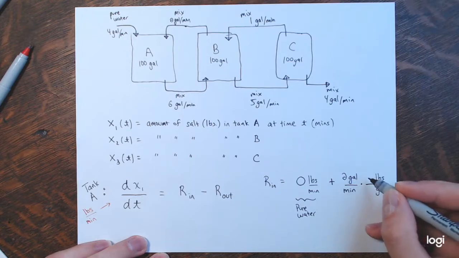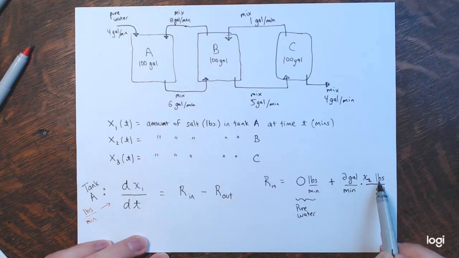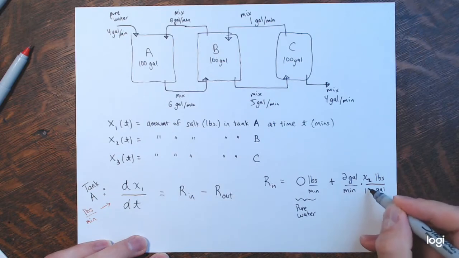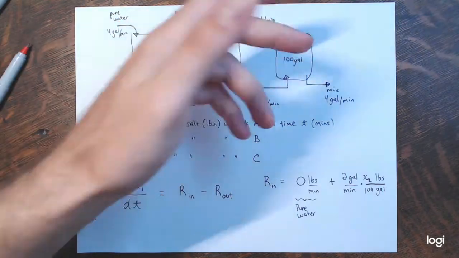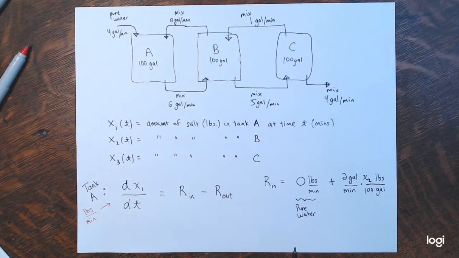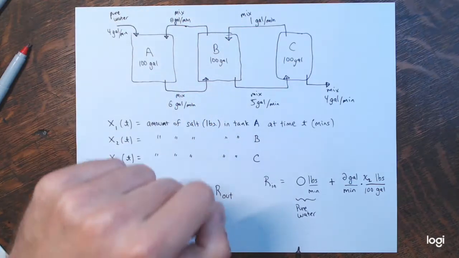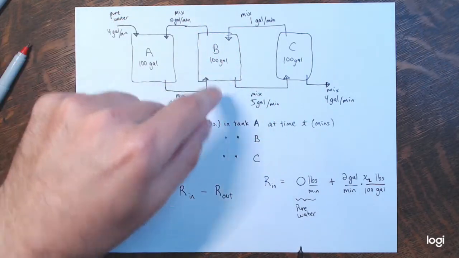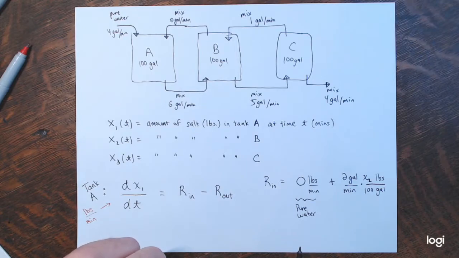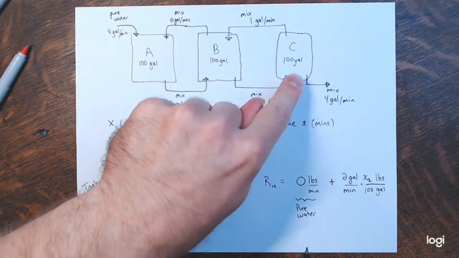Well, at any given time there are x2. Remember, x2 is the amount in tank B. There are x2 pounds in tank B per the 100 gallons that are in tank B. And in every single one of these, the amount of liquid is always going to be 100 gallons, because you see here, I got 6 coming in, 6 going out for tank A. You've got 7 going in, 7 going out per minute in tank B. And tank C, you have 5 coming in and 5 gallons going out every minute.